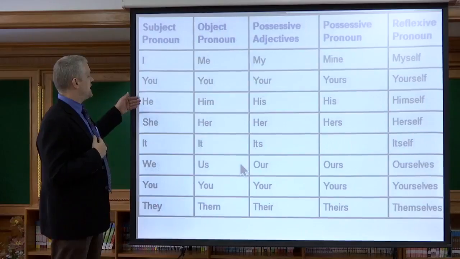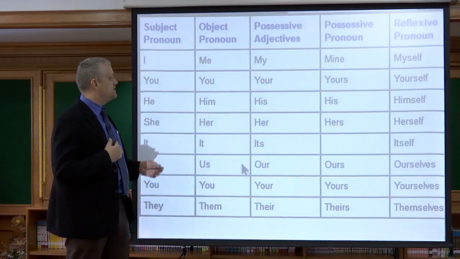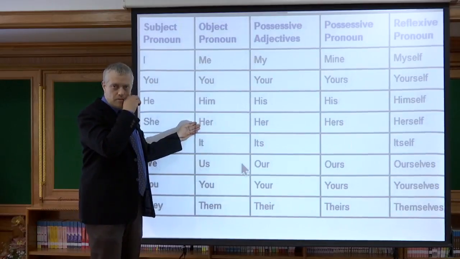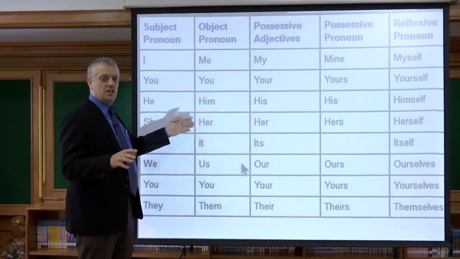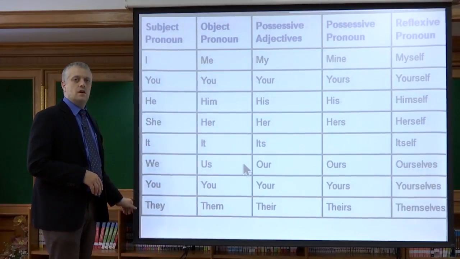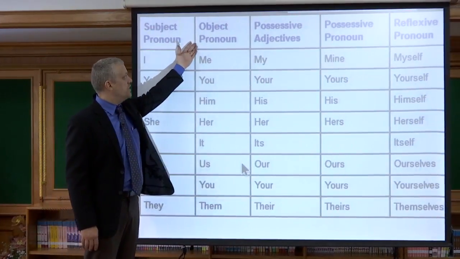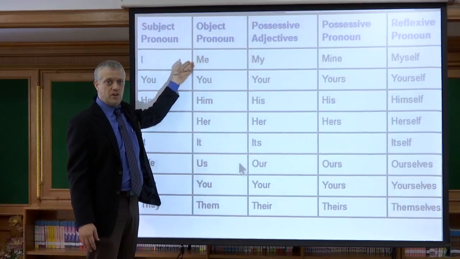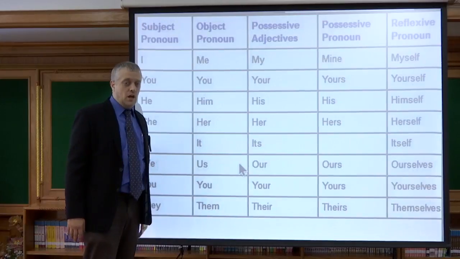In this case it can be "he loves his mother," "her." So, whenever we exchange a subject, we use the subject pronoun. Whenever we exchange the name of an object with a pronoun, we use the object pronoun.